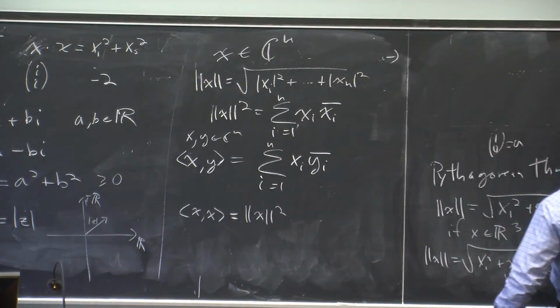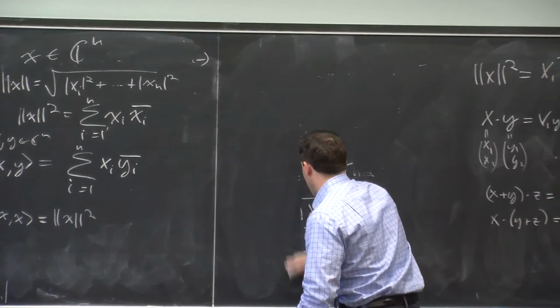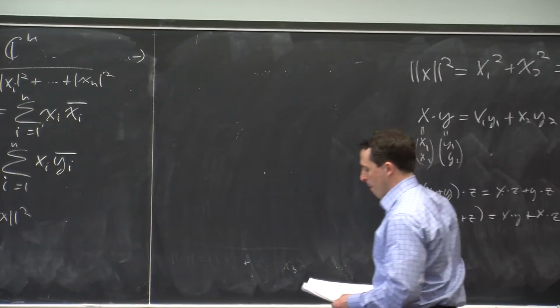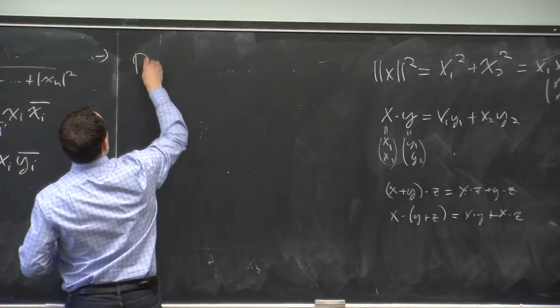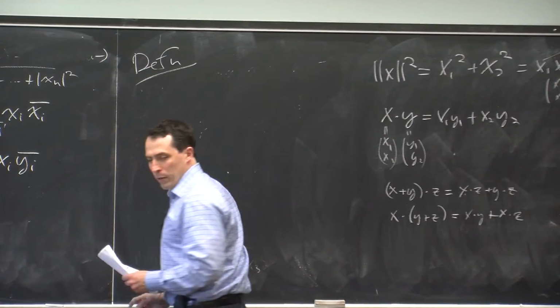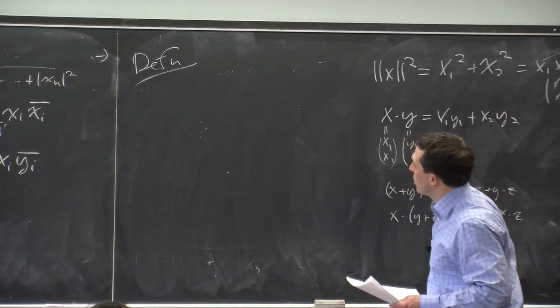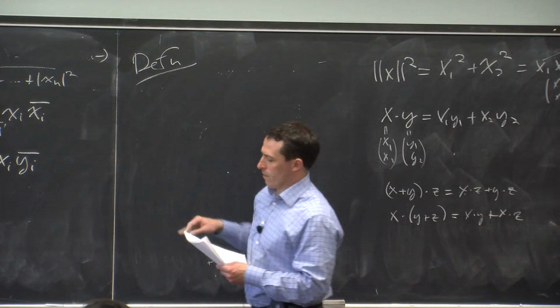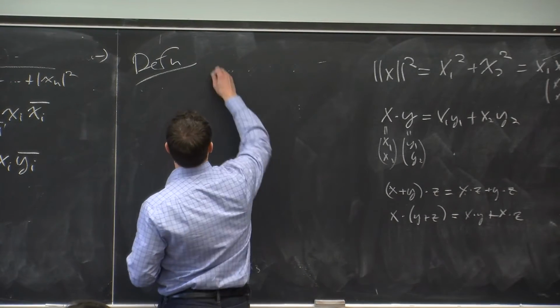And now let's lay out what the abstract definition will be. You can think about this again as something which answers all these questions about isomorphisms, or something which is an abstract version of the dot product. Okay.